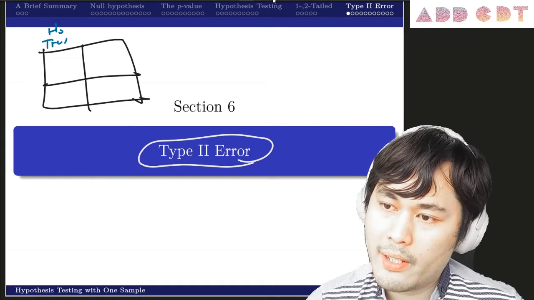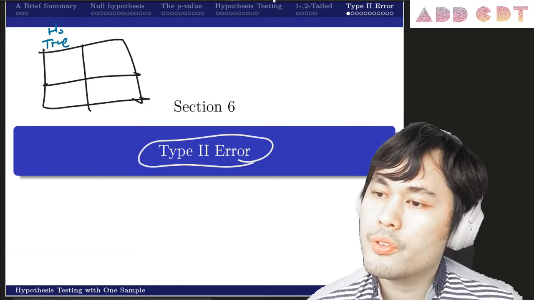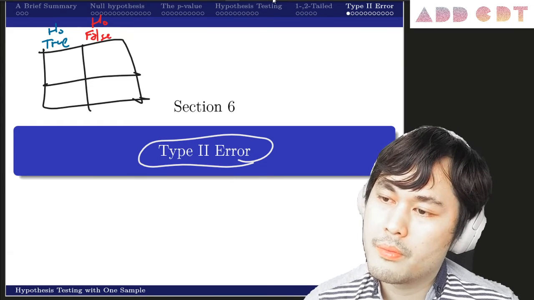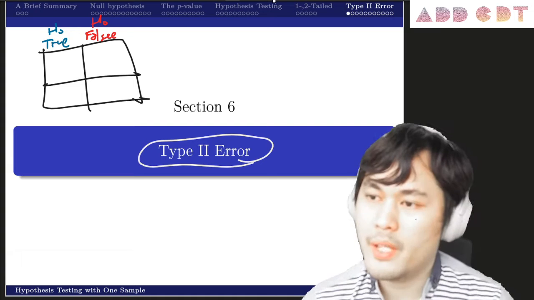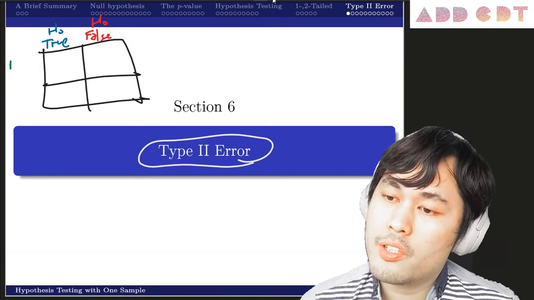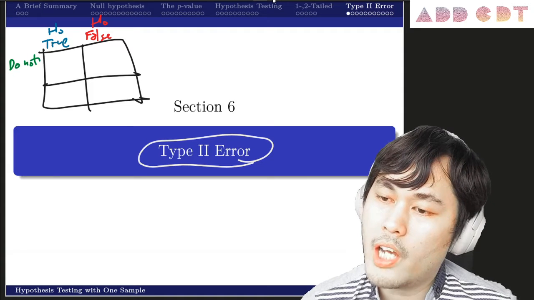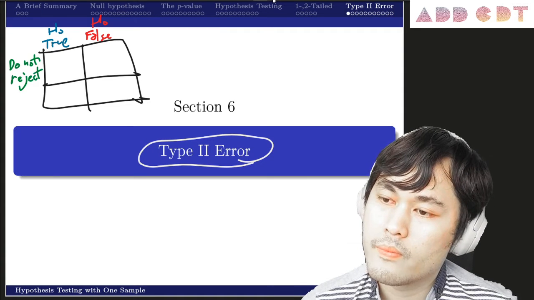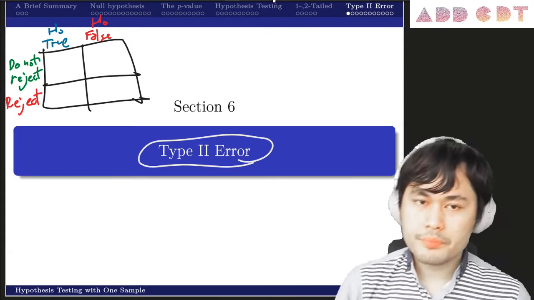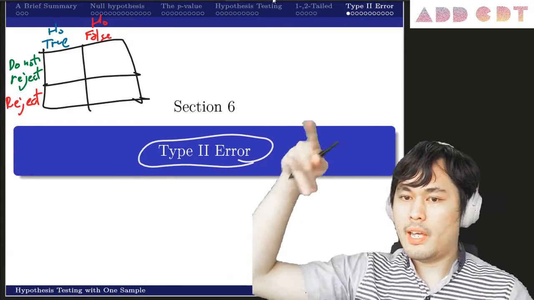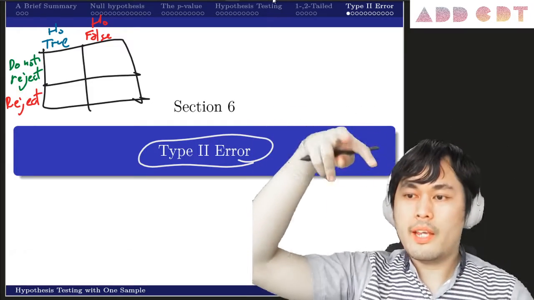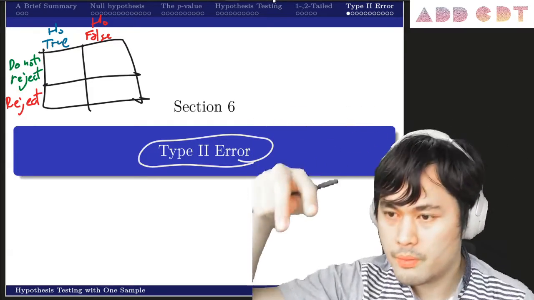We may believe that H naught is true, or maybe we were wrong and H naught is false. And we may decide to not reject or reject. So there are 2 scenarios for the hypothesis, and 2 scenarios for our decision.